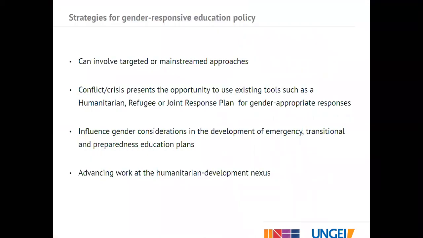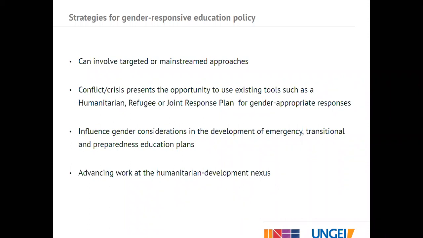So gender-responsive education policy can involve both targeted dimensions, such as specific national policies on girls' education, as well as mainstreamed approaches where sector-wide policies consider gender issues throughout. In fact, the key principles guiding the development of a gender-responsive policy apply to all policies and plans, whether in conflict and crisis situations or not.